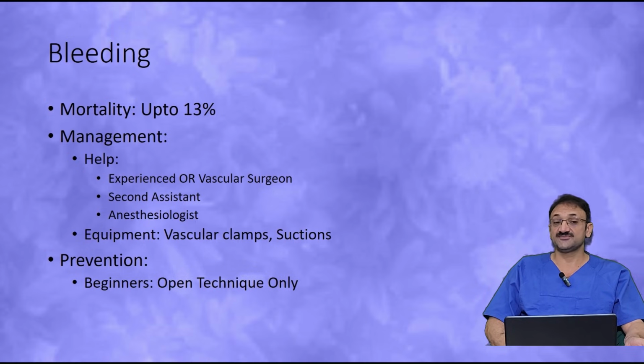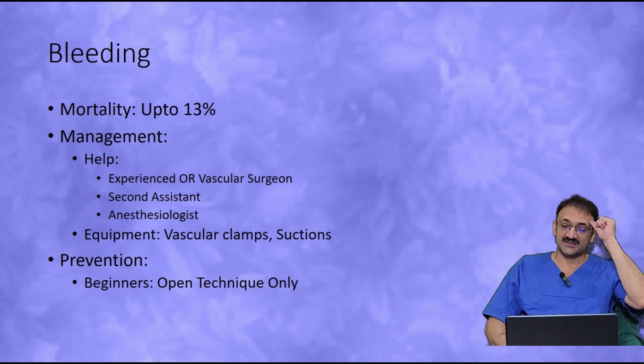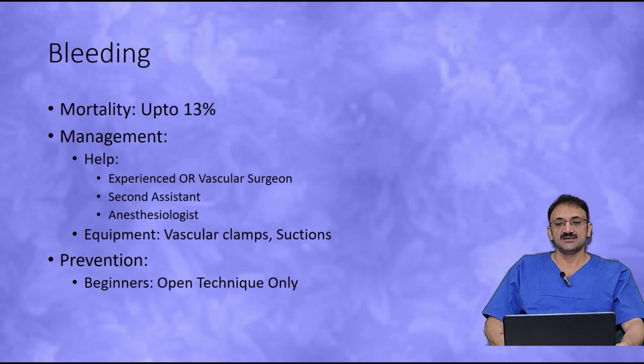If you are placing the first port without any vision, then it has to be away from the midline in order to prevent major vessel complications. However, in cases of grossly hydronephrotic kidneys or huge renal tumors, this first trocar can go into the tumor or into the kidney, which can make things messy. So even placement of the trocar away from the midline can be a very tricky thing.